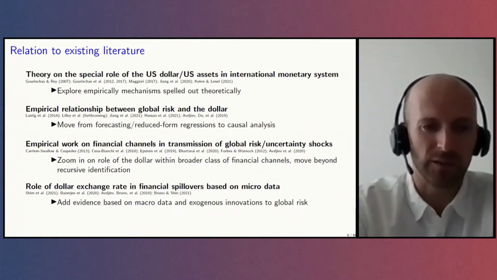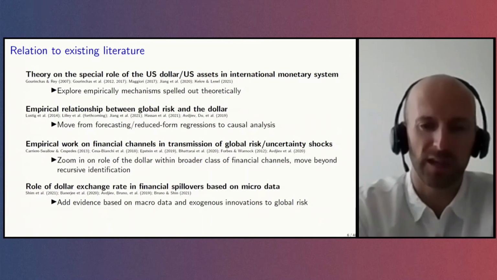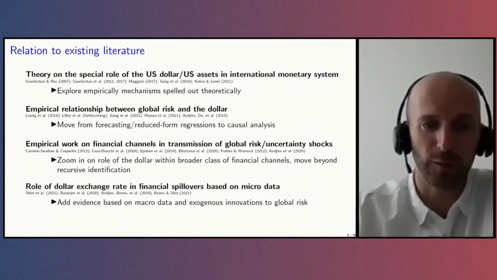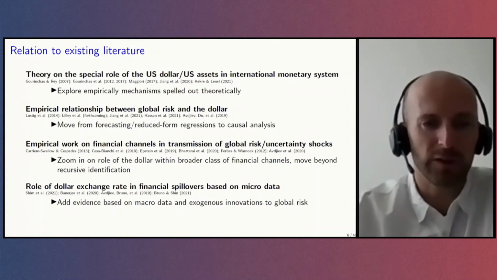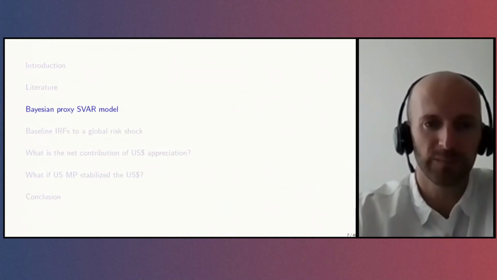Another, again, a bit nerdy issue here is that most of this work just looks at reduced form regressions. It puts on the right-hand side the dollar exchange rate, and it doesn't really identify the source of the dollar exchange rate variation, and so is subject to omitted variable bias. So I think our paper contributes to all of these strands of the literature. It sheds some light on open ends, and it ties some loose ends in these strands of the literature.